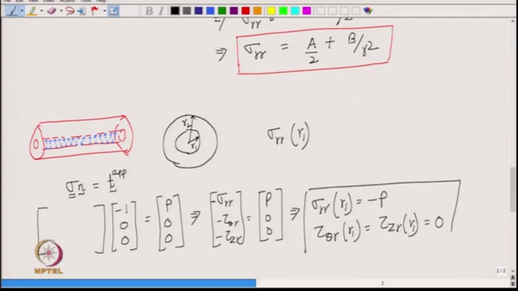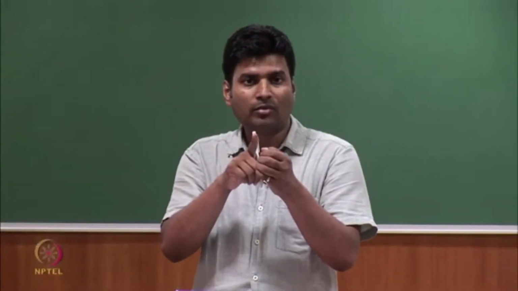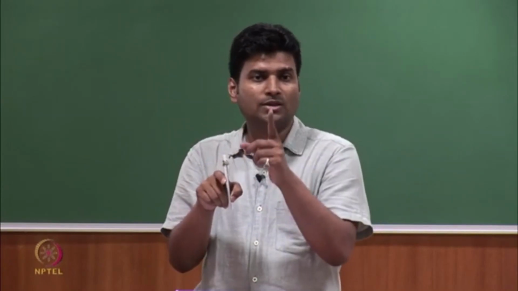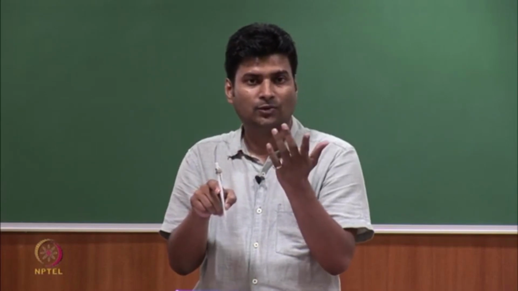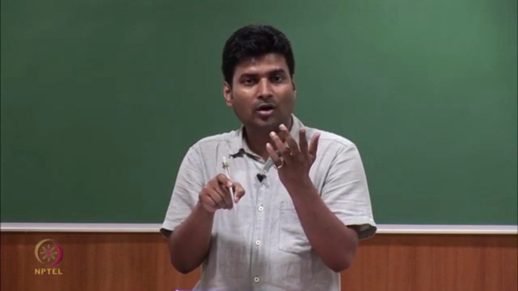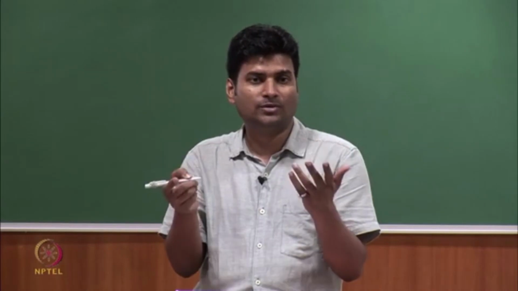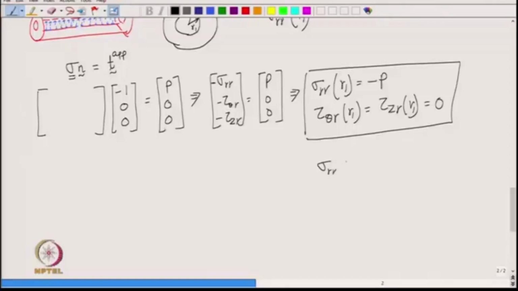So, these are the boundary conditions. Likewise, on the outer surface, because you are not applying anything and the outer surface normal is E r, that is 1 0 0, the first column of the stress matrix will simply be 0. So, sigma r r at r 2 is also equal to 0, because the outer surface is traction free.